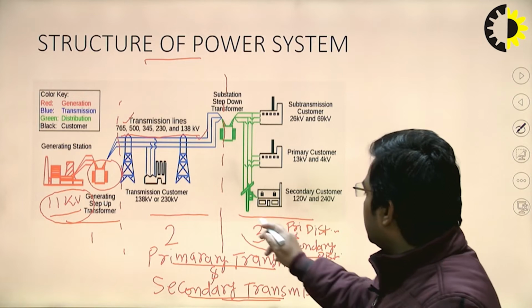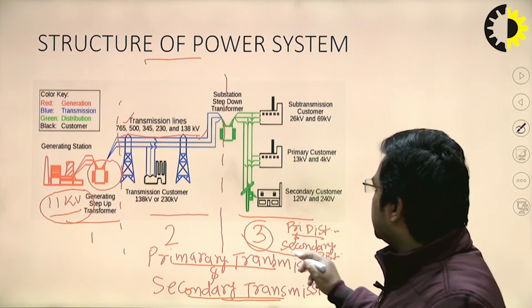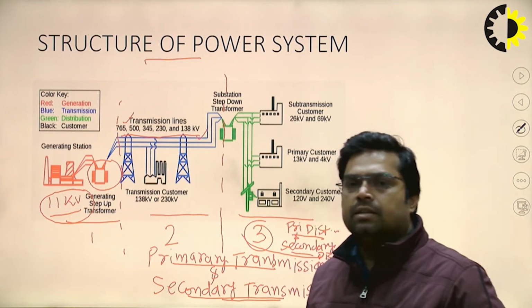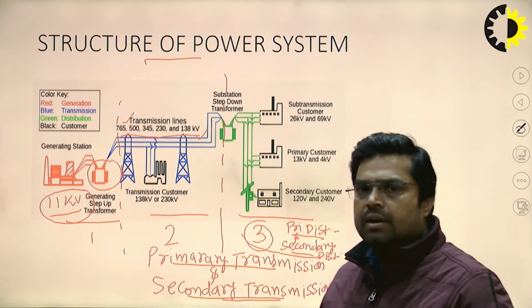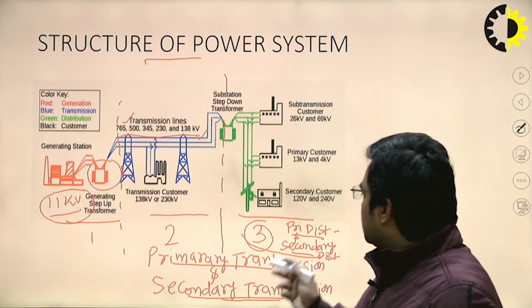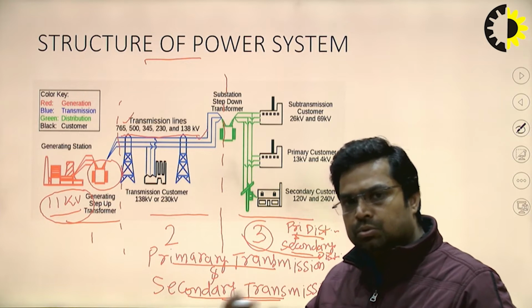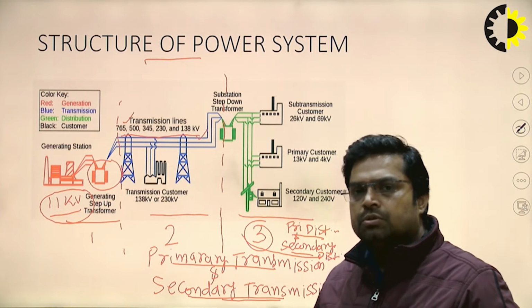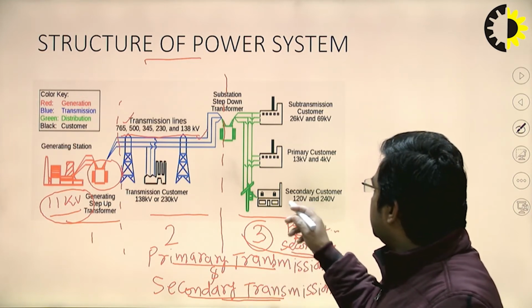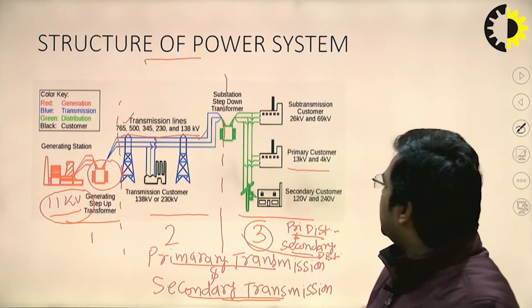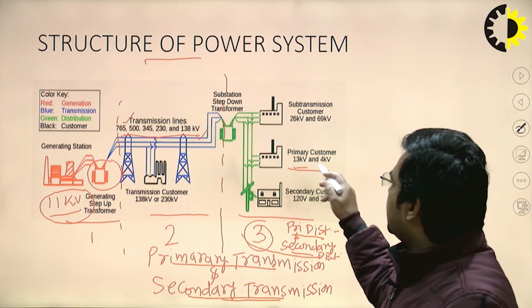Likewise, there will be the distribution side, that is third. There will be primary distribution and secondary distribution. These are also classified based on the loading, what kind of consumer it is. In primary distribution, the consumer has higher load compared to the secondary distribution. You can see for the primary consumer, there will be a range of 13 kV and 4 kV.